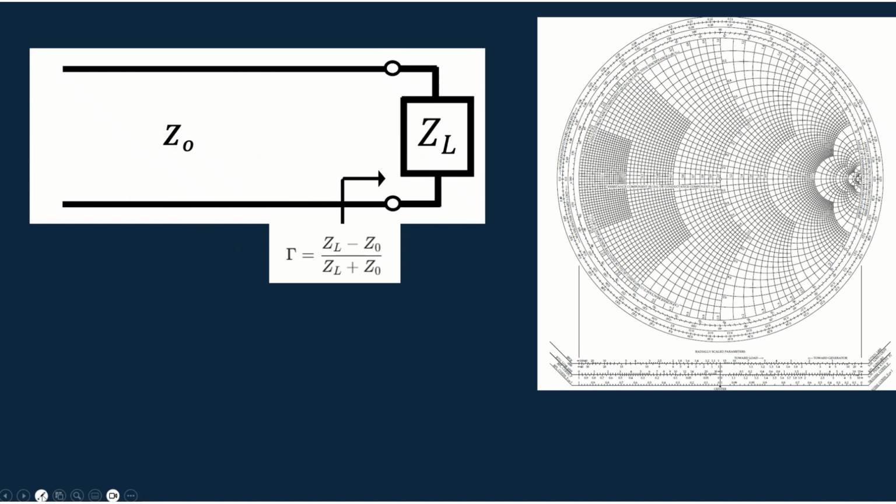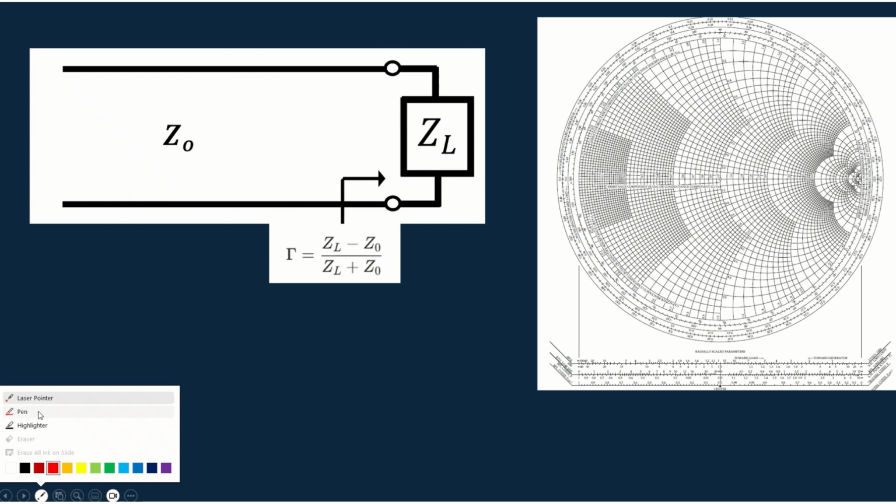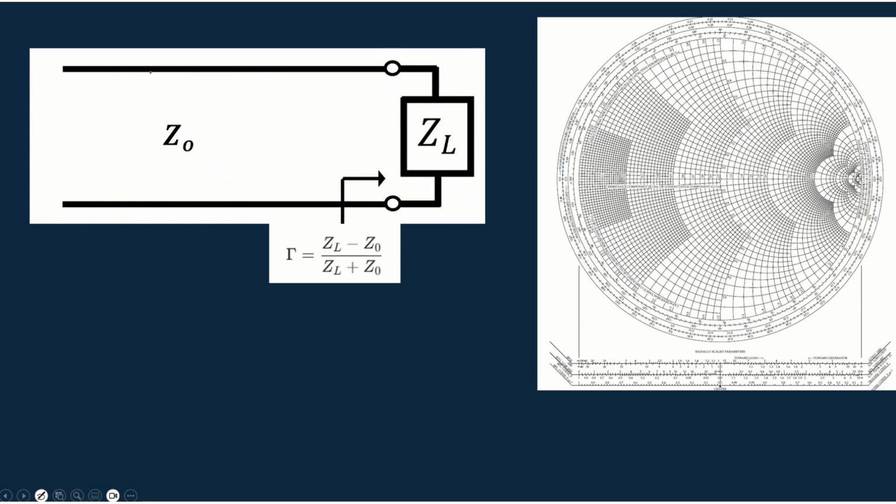That means if we have a wave traveling through this transmission line toward ZL, and ZL is not matched to the characteristic impedance, some part will be reflected back. That reflection is given by (ZL minus Z0) over (ZL plus Z0). If ZL and Z0 are equal, the reflection will be 0, so we can say it is a perfectly matched case.